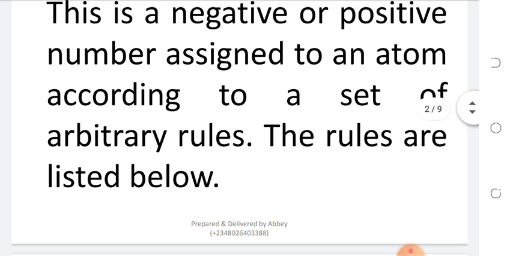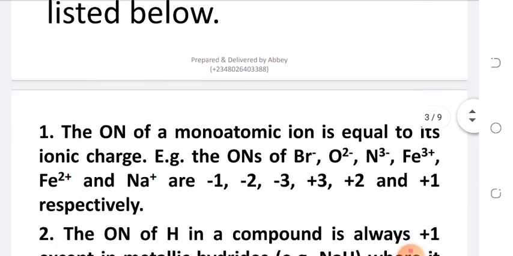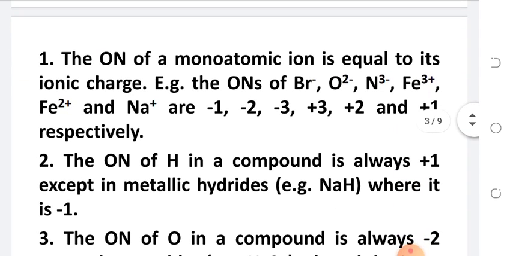Now let's look at the rules that are used in assigning the oxidation number of an atom or group of atoms in a compound. Number one, the oxidation number of a monoatomic ion is equal to its ionic charge. The ionic charge on a monoatomic ion is also known as the oxidation number of that particular ion.